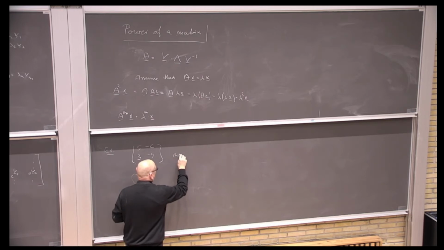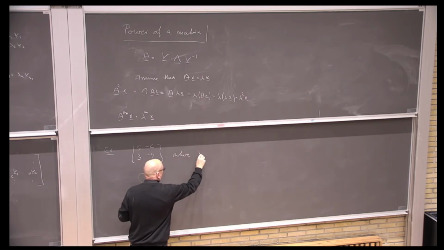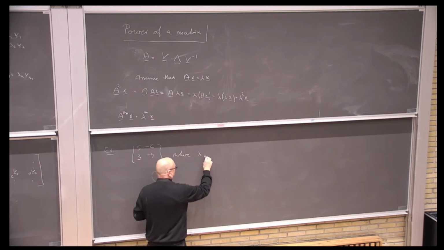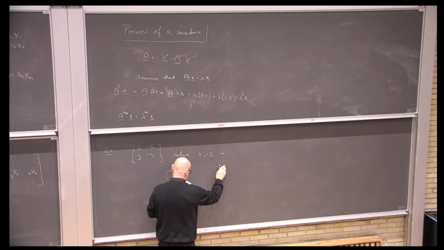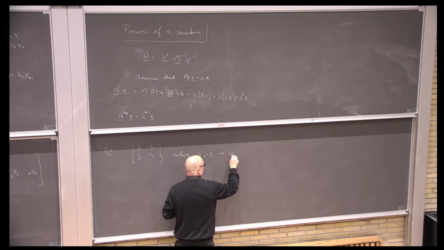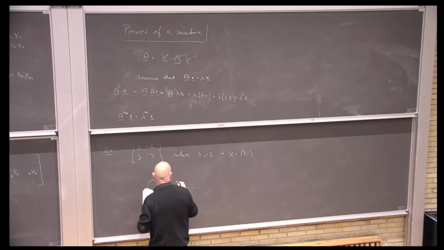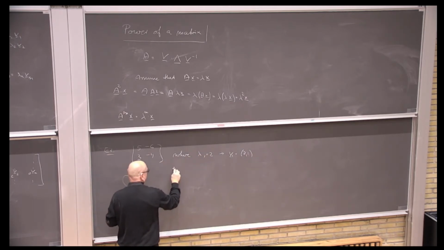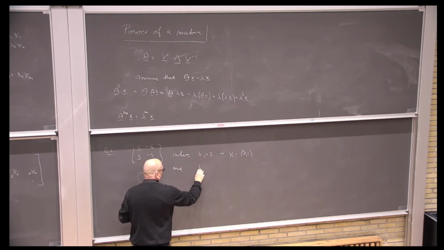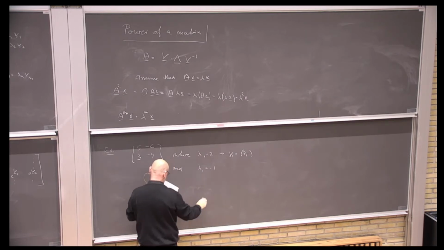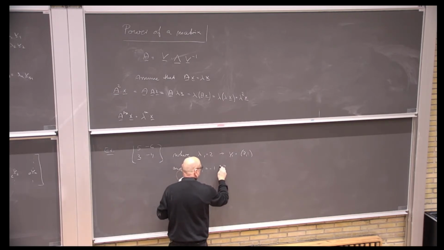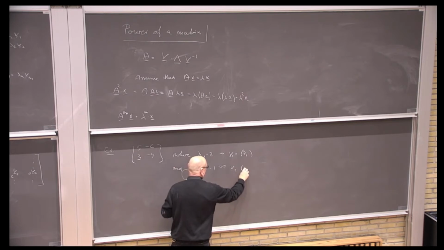And I have lambda 1 equal to 2, and that corresponds to the vector 2, 1. And then I have lambda 2 equal to minus 1, and this corresponds to the vector 1, 1.